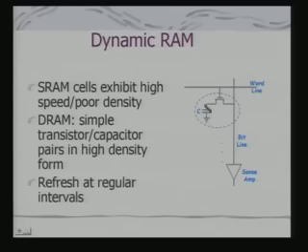In fact, the charge stored in the MOS capacitance is indicative of the data that is being stored there. So, a simple transistor capacitor pair, that's what we have shown here, and this is the basic structure of the cell. You find that this is much less space consuming.